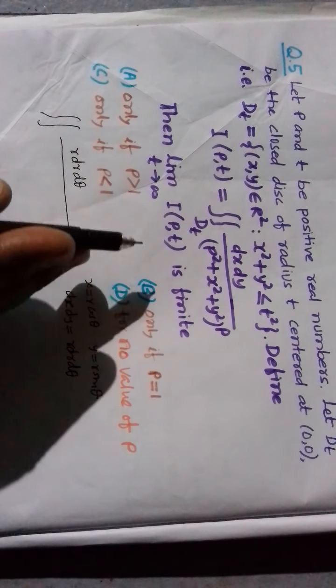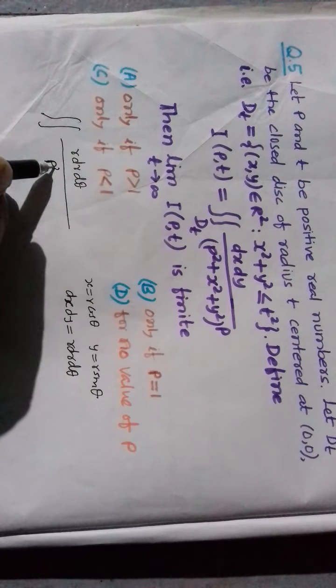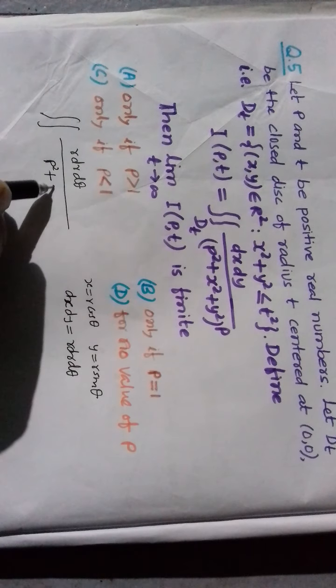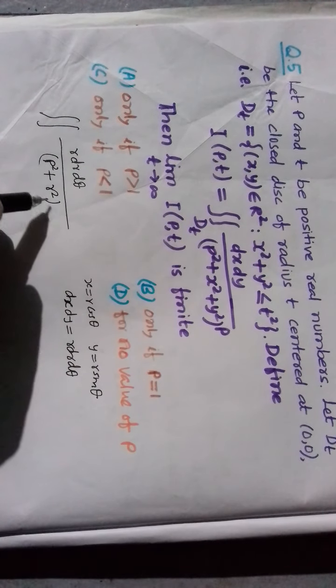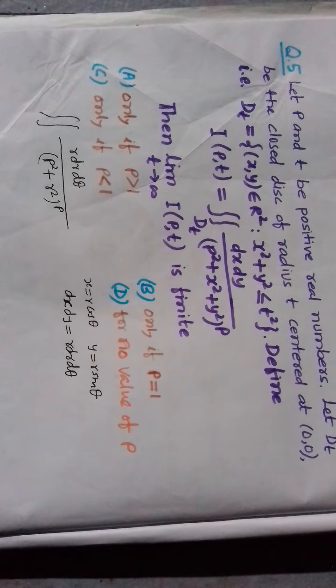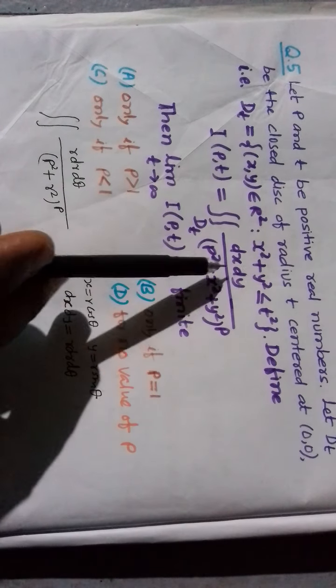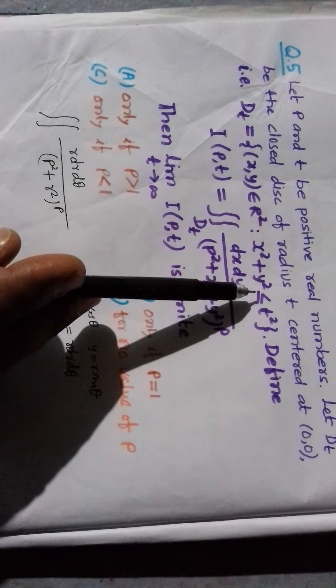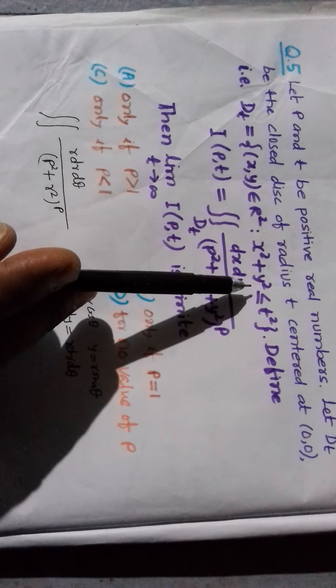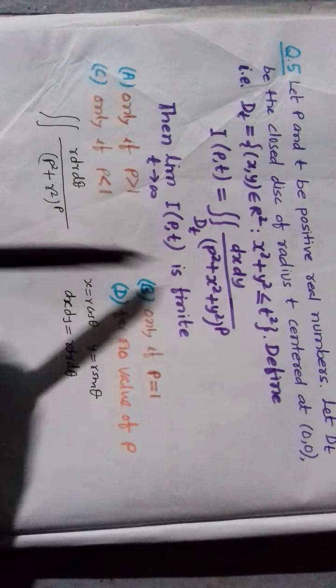Now the denominator, you see, is (p square plus r square) to the power p. Now this can be integrated. Here theta, you know, here is the circle. So in a circle, in one complete round, you observe an angle of 2 pi.